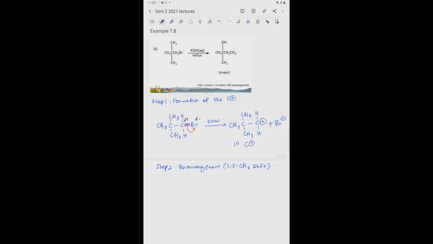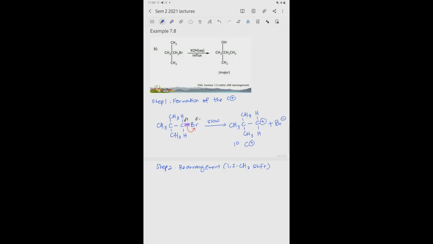If you refer to the first example just now, example A, you can see the second step is the nucleophilic attack. But for this question, we cannot go to the same step 2. Instead, we will do rearrangement first. How do we know that we have to do rearrangement? Look at the carbocation structure.